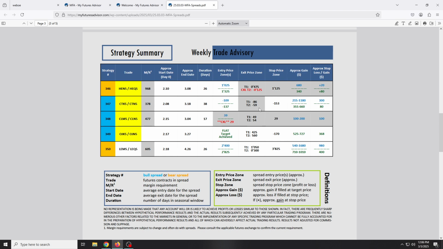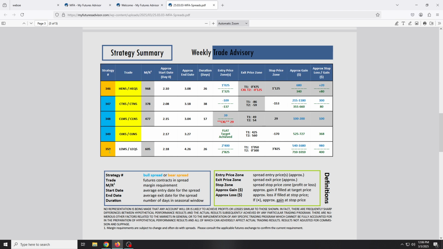So based on that, I am recommending that we change the targets. In crude oil, the middle here, 348 bull spread, canceling the more conservative entry, and then I am changing the targets and the stop. And then in 349, the bull spread in OJ, this one is flat. We achieved that target on a spike move to the upside, which these softs can be prone to do, especially the less liquid ones like OJ, but we'll look at that.